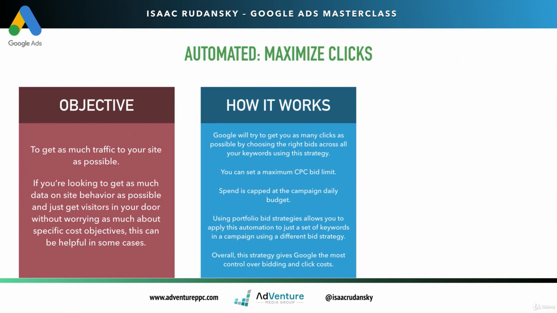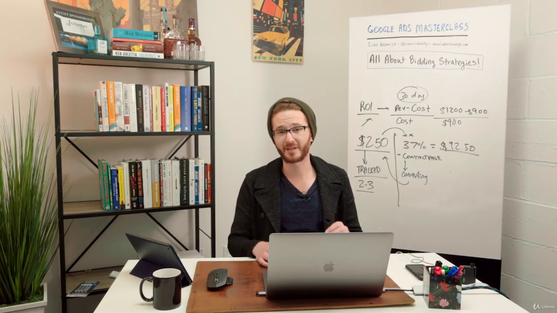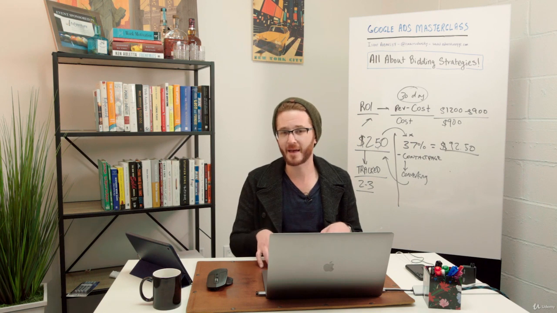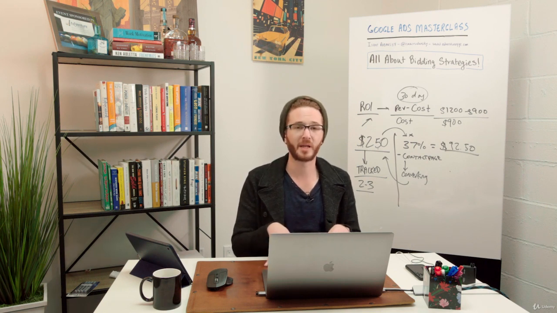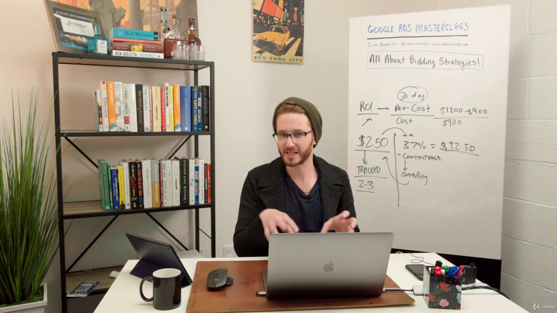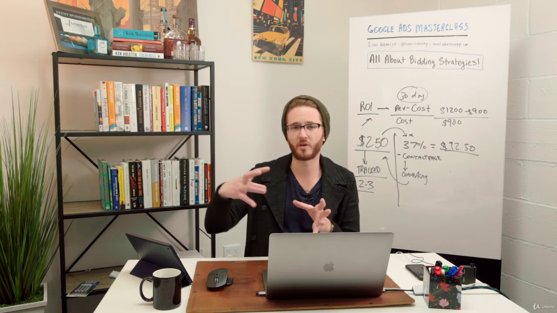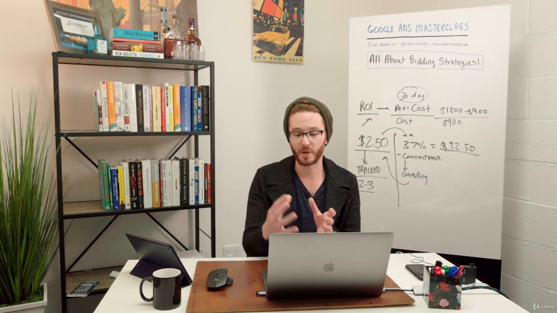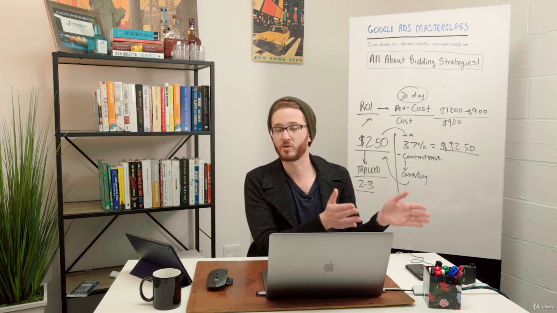Using portfolio bid strategies allows you to apply this automation to just a set of keywords in the campaign using a different bid strategy. But I also want to point out that this is a setting that Google is probably going to remove. And they have been removing it to an extent. It used to be that I could just select 5 keywords in a campaign or an ad group to use Maximize Clicks while the other ones will use manual CPC.